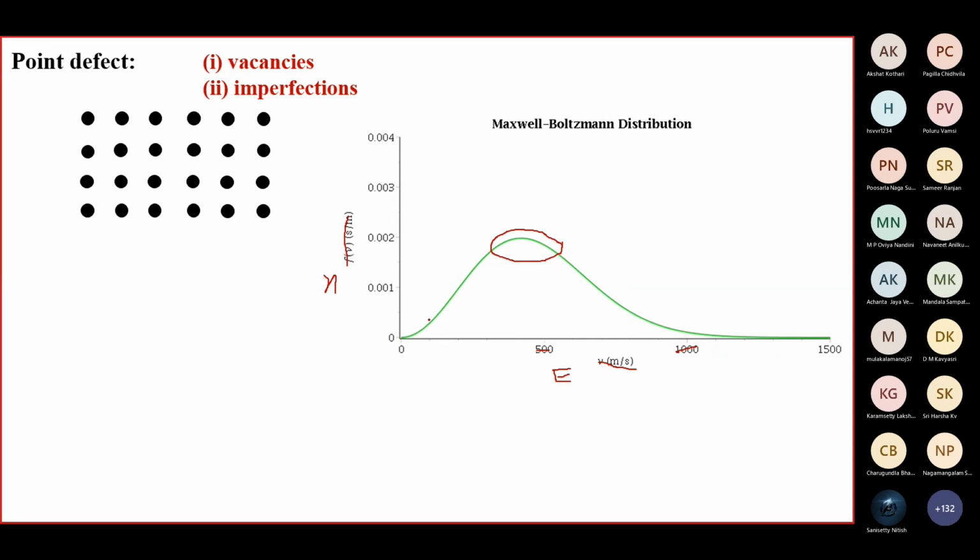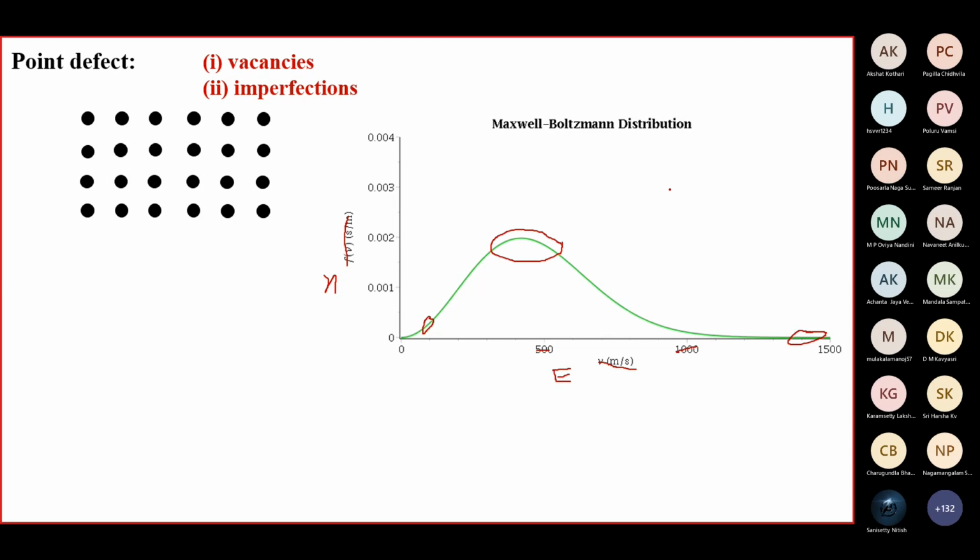Some have very little energy. So this graph suggests that there are some atoms which have more energy. Do you agree? But they are still bound to the crystal lattice.